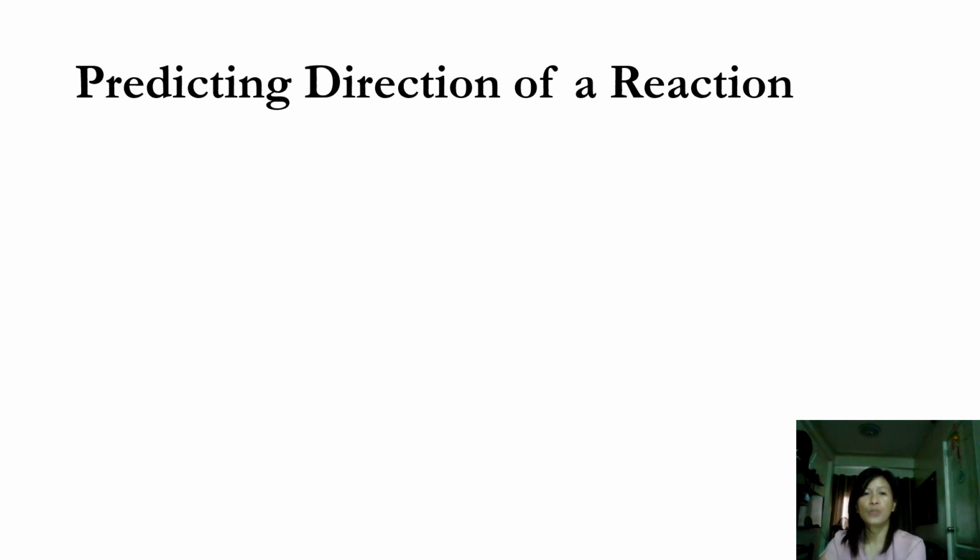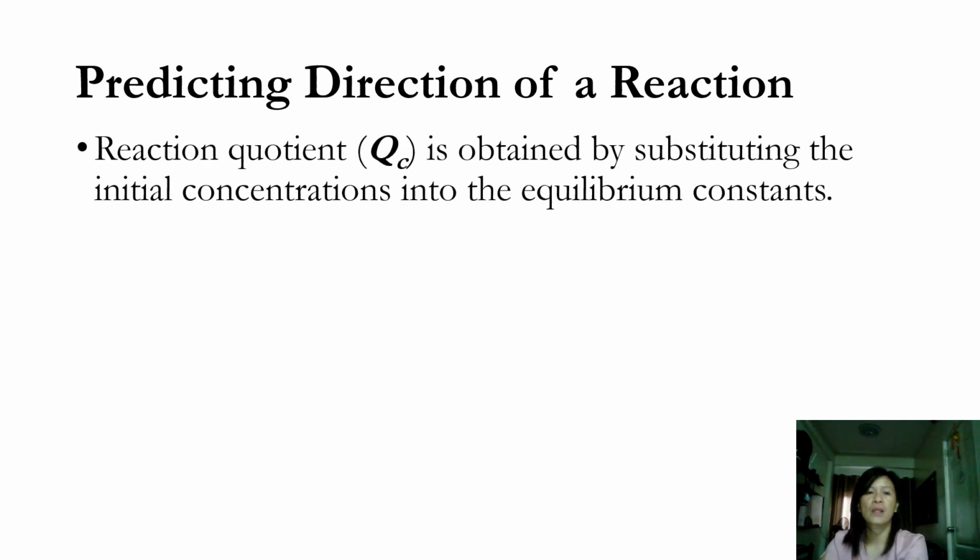Let's now try to predict the direction of a reaction. To do this, we need to consider what we call the reaction quotient, denoted by Q subscript C. This is obtained by substituting the initial concentrations into the equilibrium constant expression, because take note that the condition of a reaction to be at equilibrium depends on the initial concentrations of the reactants.